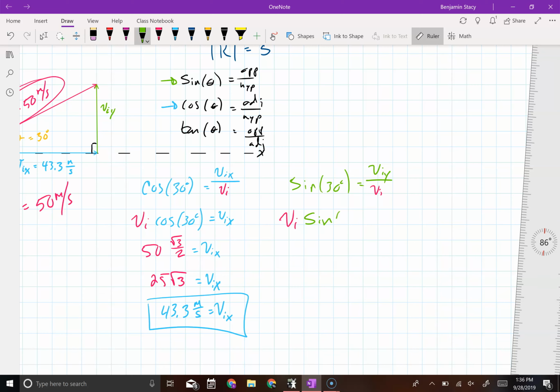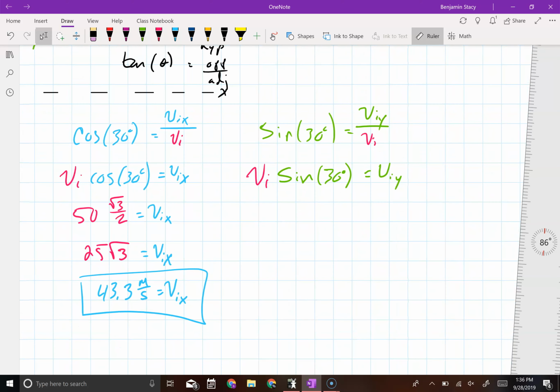So VI sine 30 is VIY, the initial velocity's vertical or y component. Sine 30 is 1/2, so I have 50 times 1/2. That's going to be equal to our initial velocity in the y direction, or 25 meters per second. Keep it in green. That's VIY.